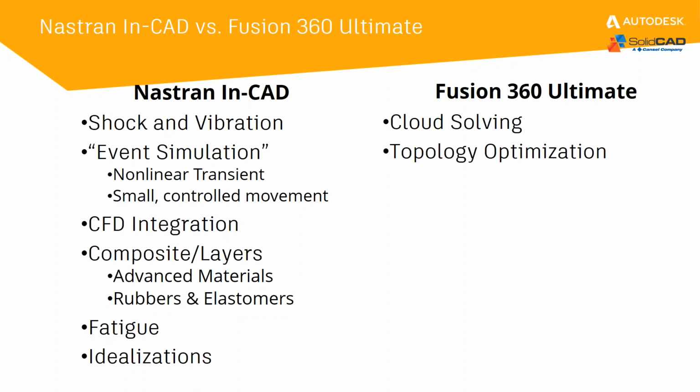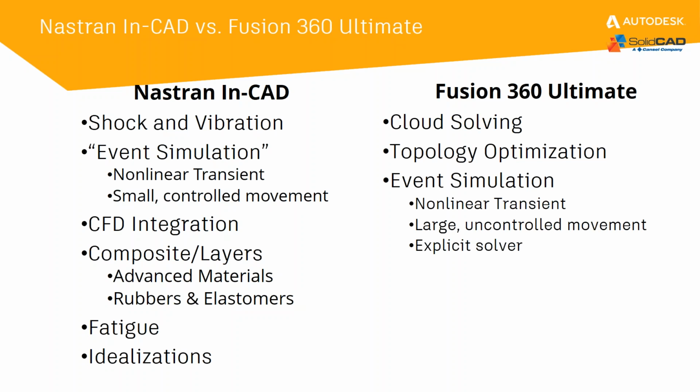And here are some of the capabilities of Fusion 360 Ultimate. It is a cloud solving tool, allows us to take advantage of parallel computing in the cloud, as well as, for some analysis, local solving.